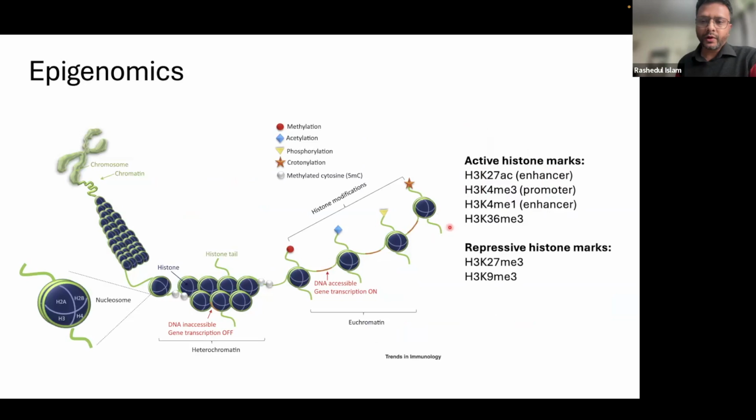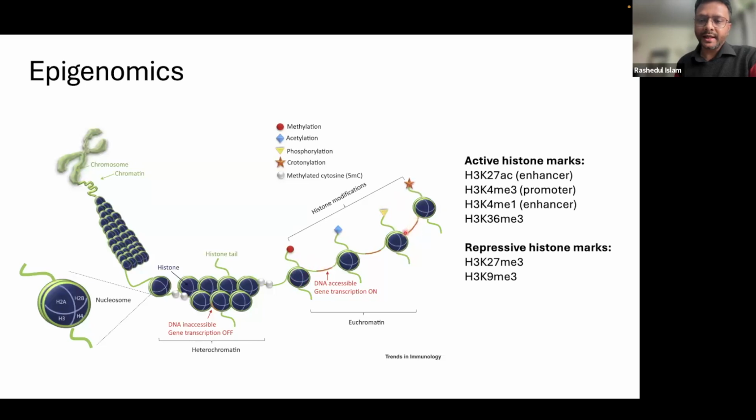In this example, we know that DNA is tightly packed on the nucleosomes, and this area is called the euchromatic region because the DNA is accessible to the transcription factors to bind and initiate transcription. And on those nucleosomes, the histone tails can have different covalent modifications, such as acetylation, methylation, phosphorylation.